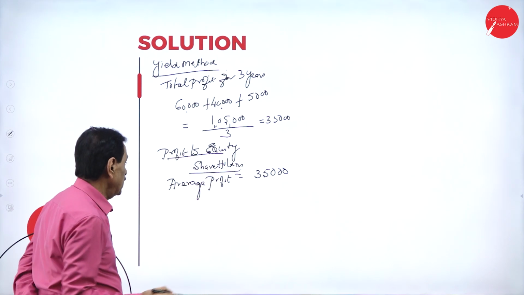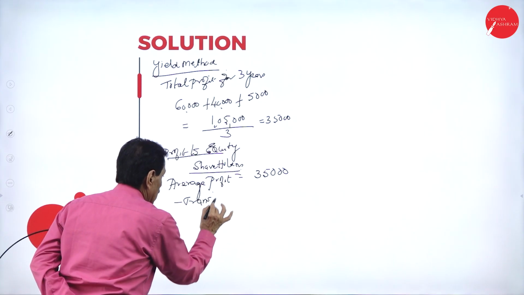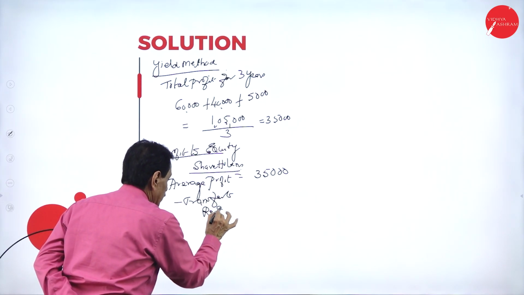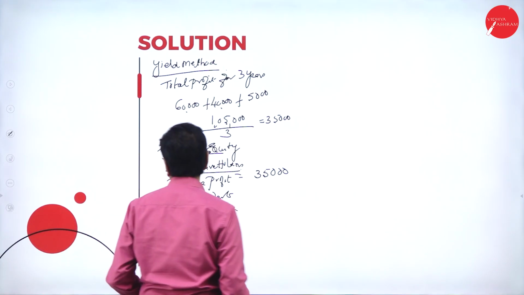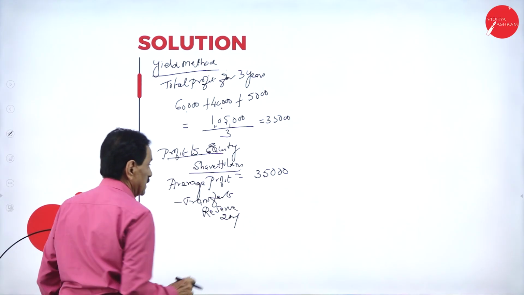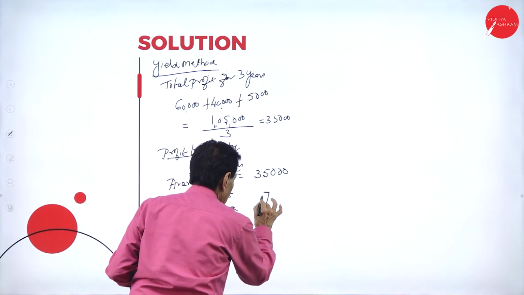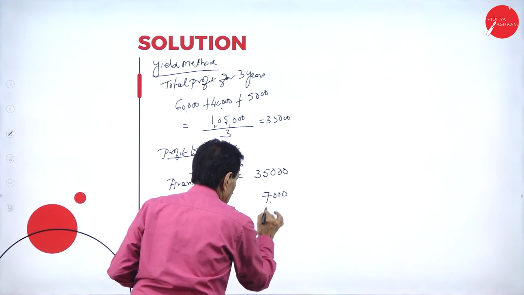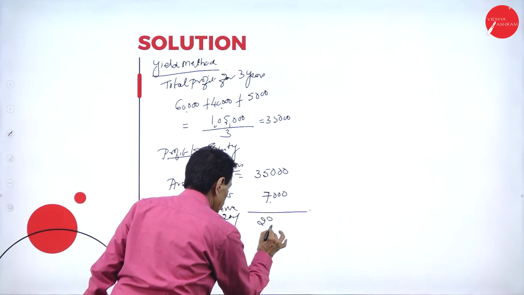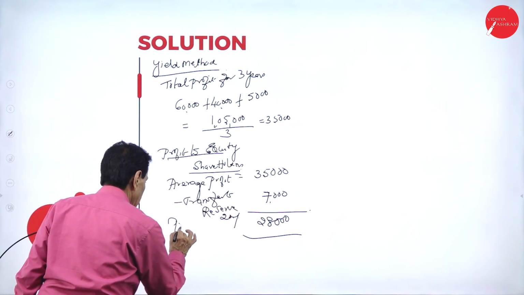No taxation, transfer to reserve, what's the percentage? 20%, which is 7,000. Deduct it, and 28,000 is the profit available.